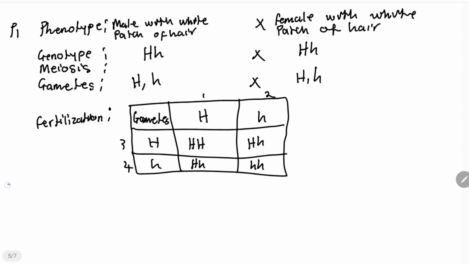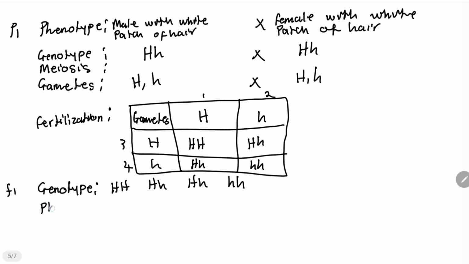Now, below fertilization, on the side I'm going to write F1. Those are offspring of the first generation. And in front of F1, I have to write genotype. So I simply copy the genotype of the offspring: capital letter H, capital letter H; capital letter H, small letter h; capital letter H, small letter h; and finally small letter h, small letter h.